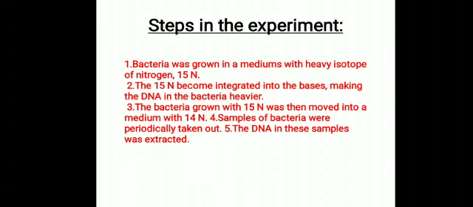We know that N14 is the natural or light nitrogen, and N15 is heavy nitrogen. They took a set of E. coli and cultured it in heavy nitrogen medium for many generations to make sure that the E. coli received all heavy nitrogen. Then they transferred the E. coli into light nitrogen medium and allowed them to divide.